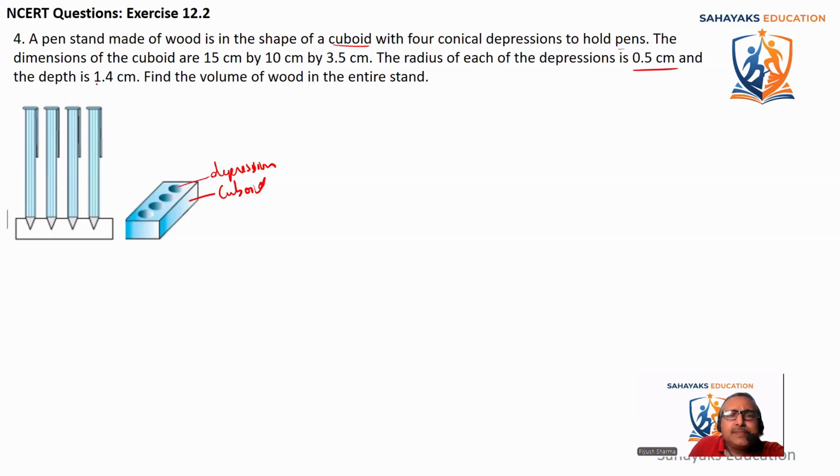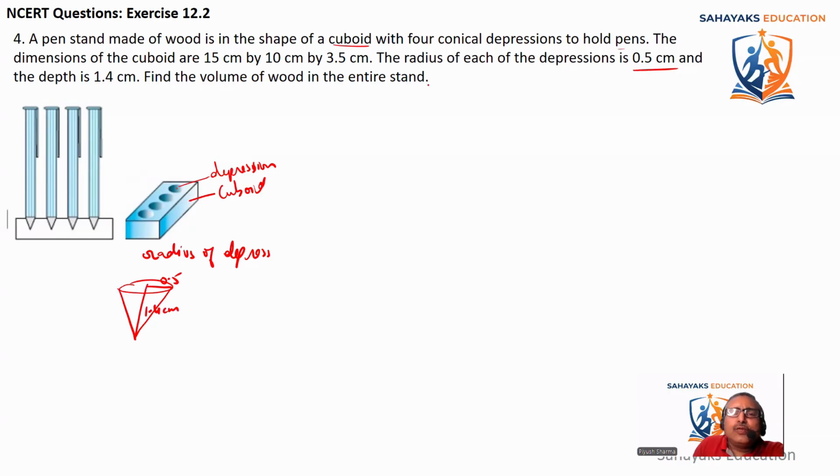I'll just make this depression a little big because it is conical shape, so that we don't make mistakes here. They're saying the radius is equal to 0.5 and the depth is 1.4. The height is 1.4 centimeter.